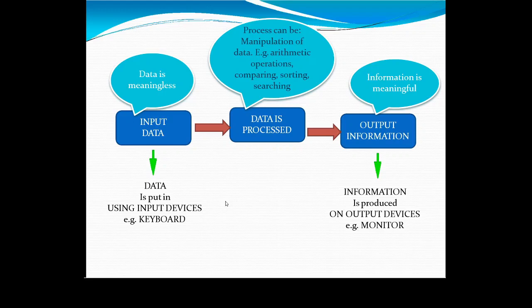Here we give data through input devices, for example, keyboard. Then data will be processed inside the CPU. Then after processing, data will be converted to meaningful information, that will be result or output, and that will be given through monitor or printer.